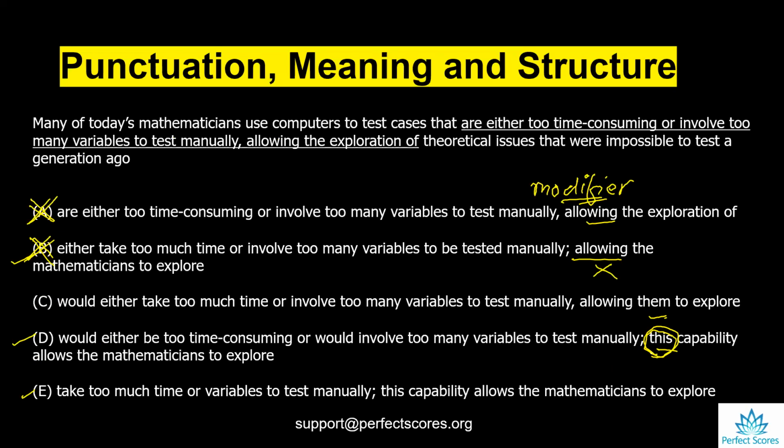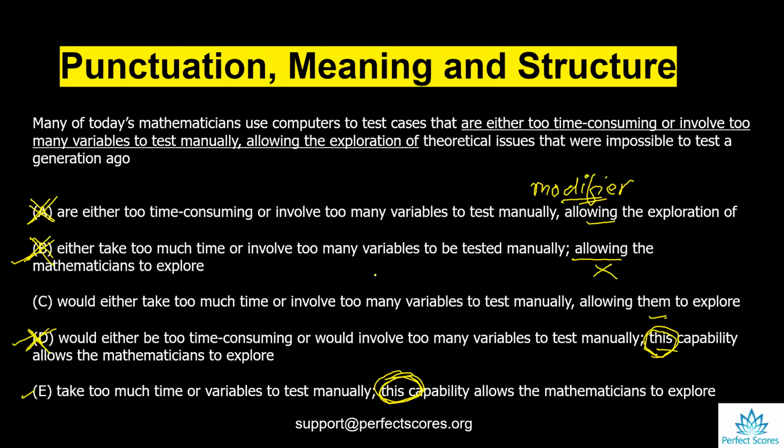No, it's not clear. So because of that, this D is also gone. So make a choice between C and E. I'll go with C. Yeah. And Priyanka? Same. Yeah, it's going to be C because of, again, this.